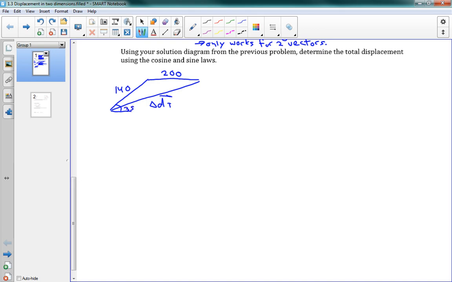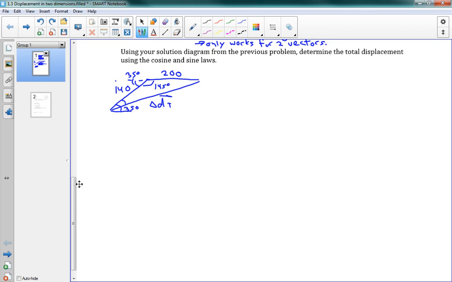So that's 35 degrees, which means that this angle just on the inside, again, I guess we don't necessarily know what that is. What we do know is that if that one was 35 down there, then this one up here also has to be 35 degrees. That tells us that this angle is 145.